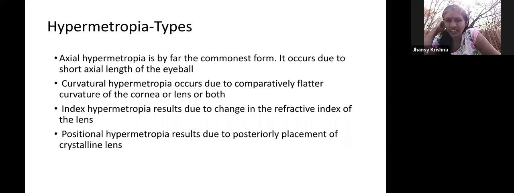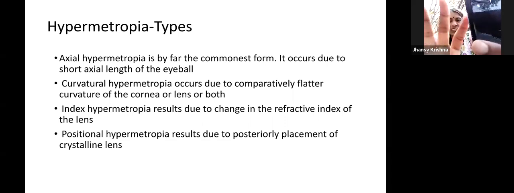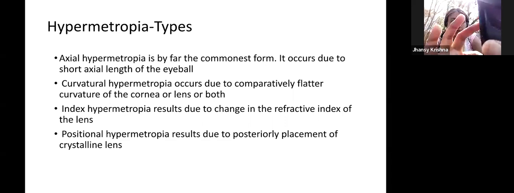Positional hypermetropia results in a posterior placement of a lens. Index hypermetropia is due to a change in refractive index of lens. Curvature hypermetropia is due to flatter cornea or lens, or both.